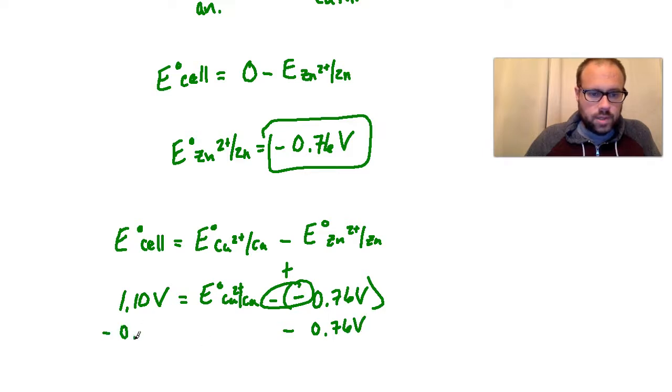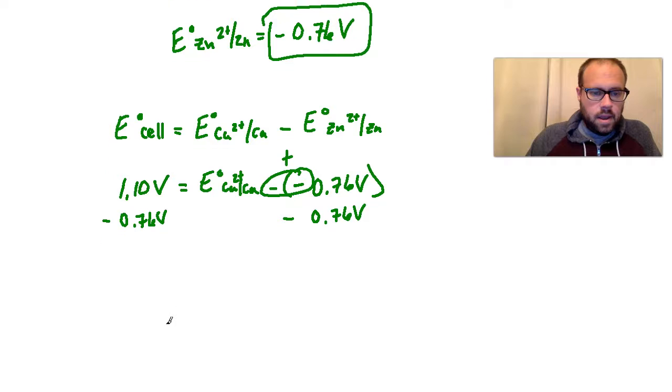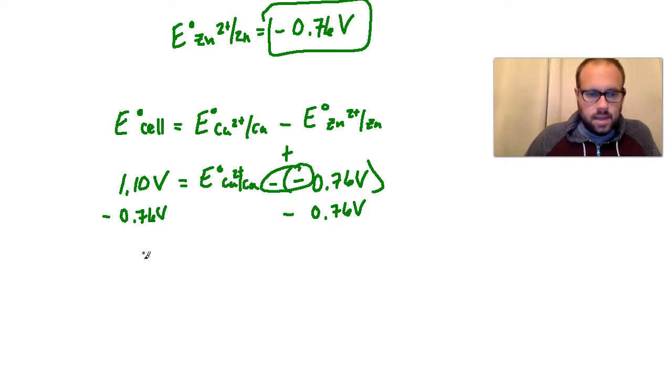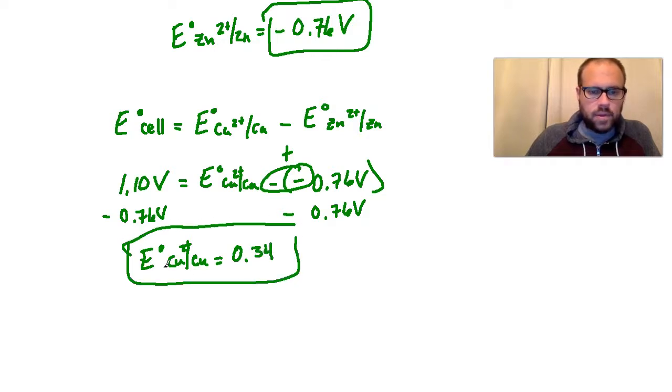I have to get rid of 0.76 volts here. And then that means that the E Cu 2+ Cu is equal to 0.34. And these are the values that you find tabulated in your standardized tables.